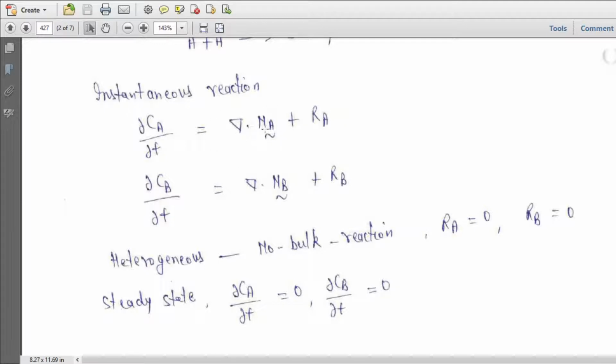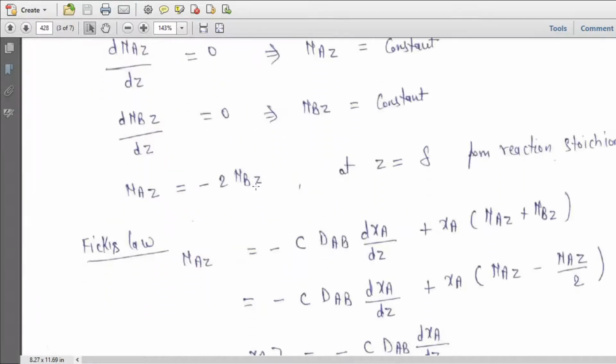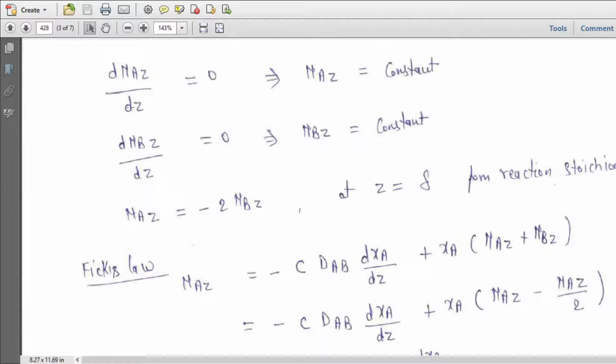So this is ∂NA/∂Z and ∂NB/∂Z equal to 0. So NAZ is constant, dNBZ/dZ equals 0, so NBZ is constant. NAZ equals minus 2 NBZ at Z equal to delta, from reaction stoichiometry.